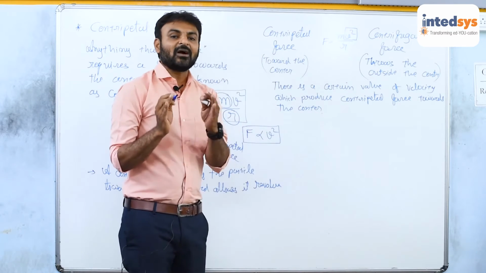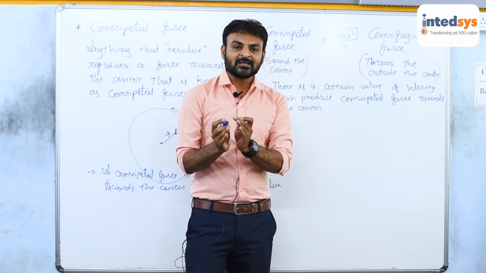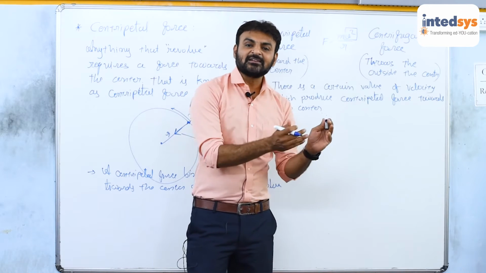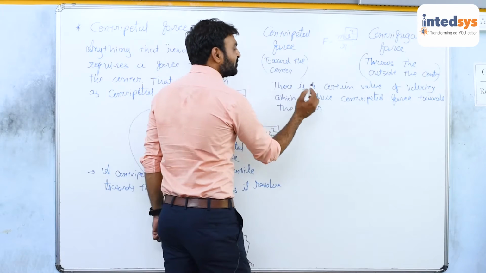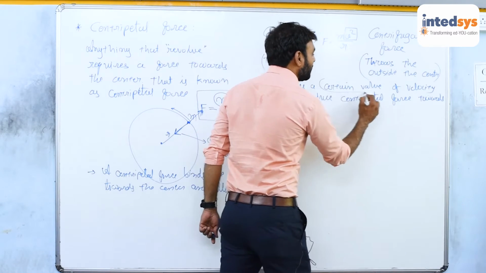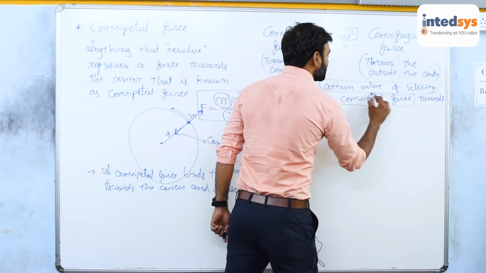Up to that value, you are experiencing a centripetal force which is towards the center. Listen to me carefully. Up to that certain value of velocity, you are experiencing a centripetal force.